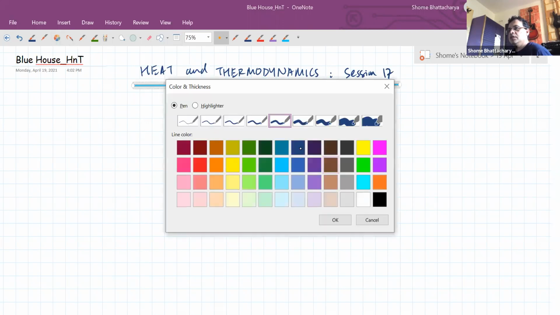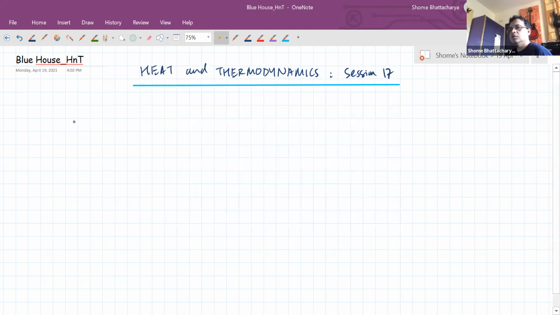So just as a quick recap, we will see what we discussed in the last session, which was about heat transfer. We were talking about conduction.